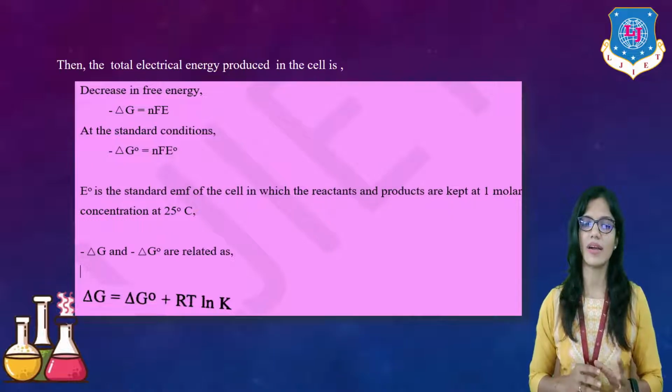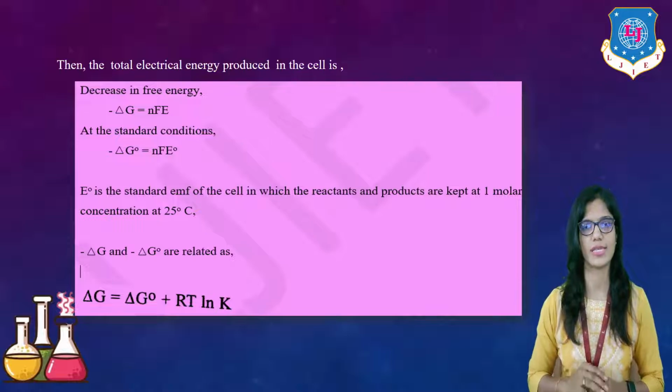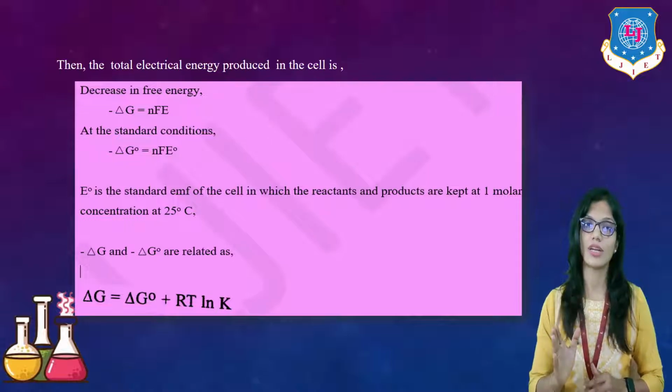And at the standard conditions, we can write minus delta G0 is equal to nFE0. So here E0 and delta G0 indicate the standard conditions. Remember that very clearly: the temperature is standard, all the conditions are standard here.